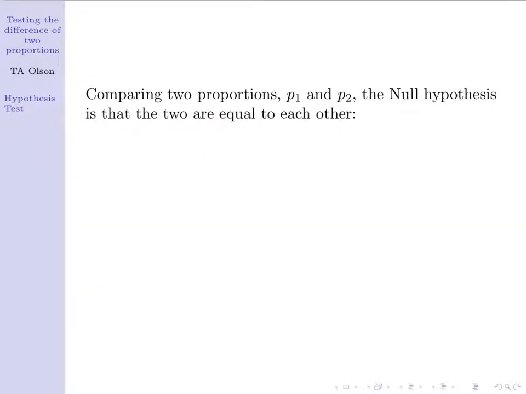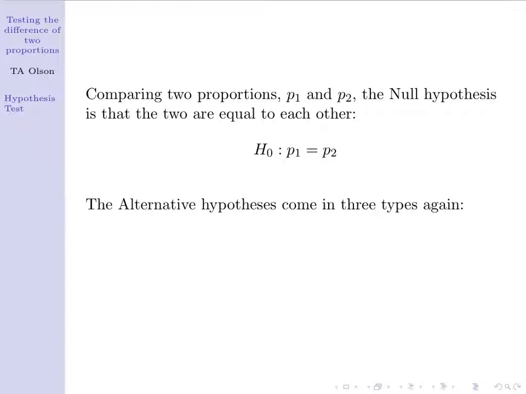In comparing these two proportions, our null hypothesis is simply that these two are going to be equal to each other. Another way of saying it is that in H naught, P1 is equal to P2. The two proportions are the same. And as always, our alternative hypotheses come in three types. P1 could be less than P2.